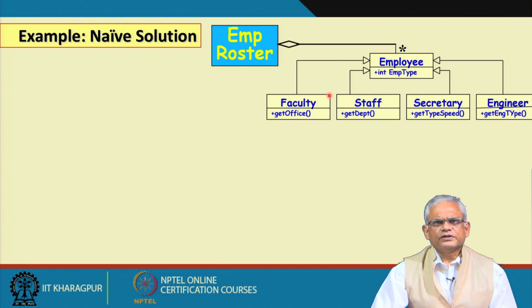Now, we have various types of employees: faculty, staff, secretary, engineer etcetera. There are several other classes which invoke services of the employee, because employee is a concrete class, and these other classes invoke the specific employee classes.